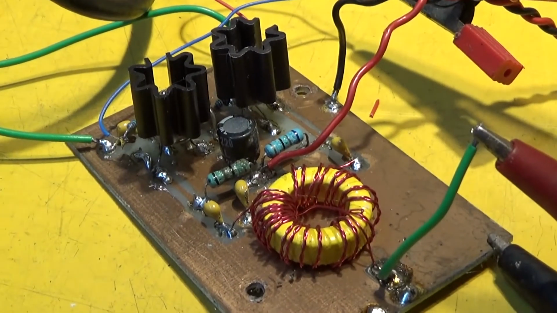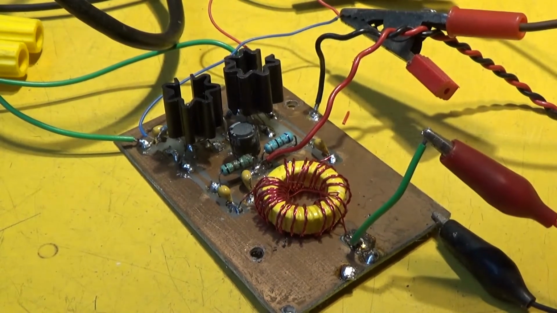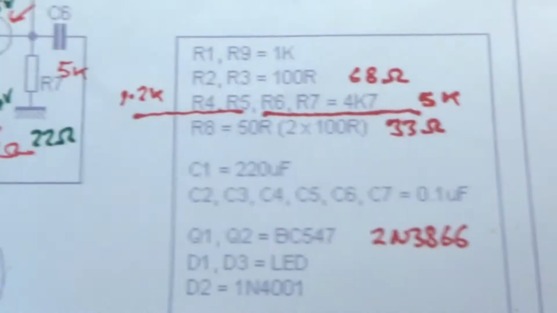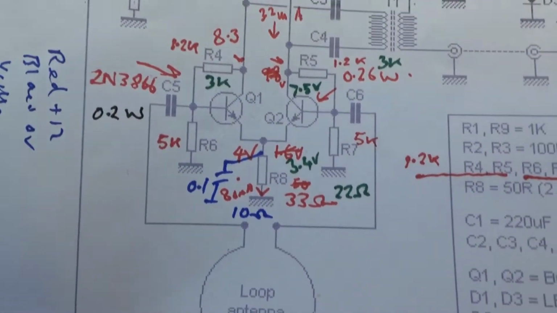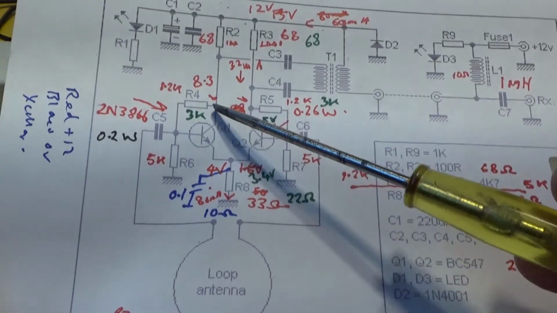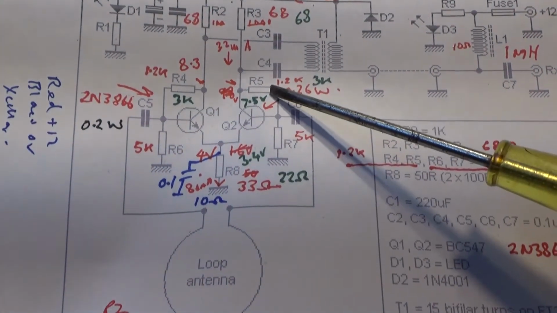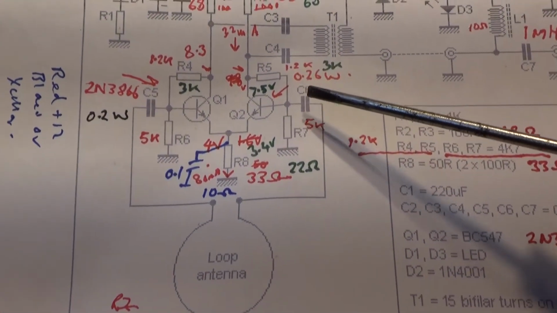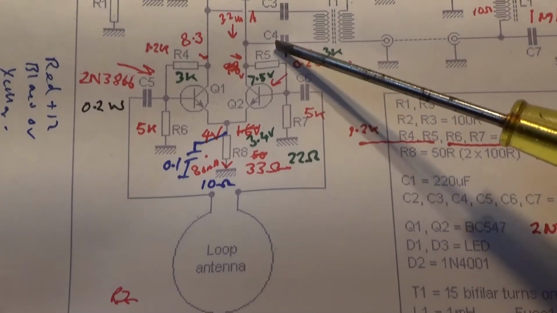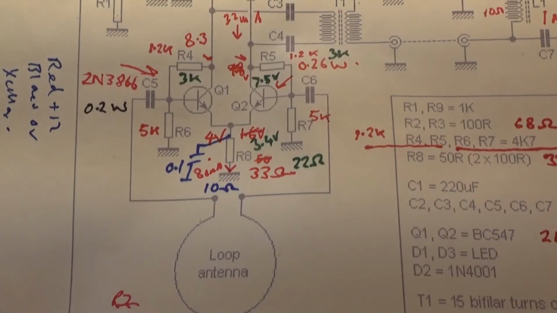And what I've done with this circuit board is I've disconnected... You've got your biasing resistors here for the transistors, R4 and R5, and they've been optimized in this circuit to give you 150 milliamps, or 75 milliamps in each transistor.